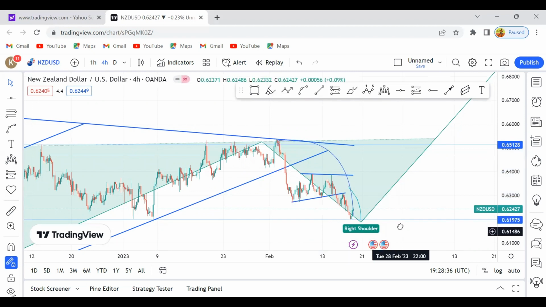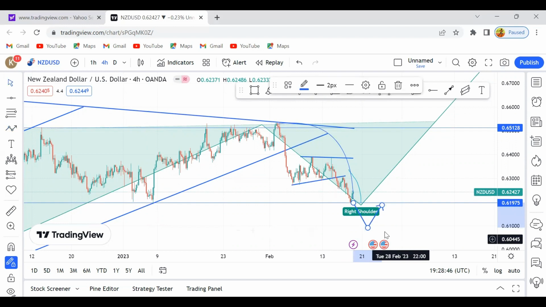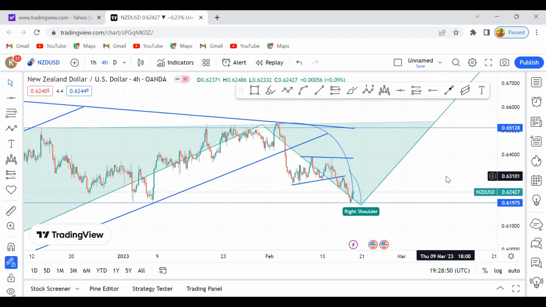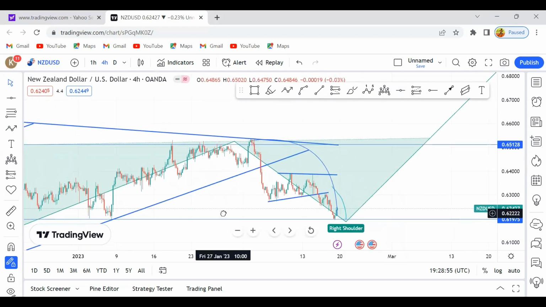And if it does break the zone, we would then have said that it would have broken the zone, come for a bit of retest before continuing to the downside. But that's not what NZD did. So we have to focus on a new channel to see what NZD is actually trying to do.